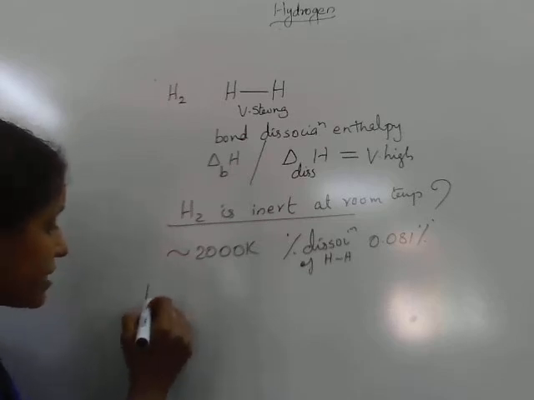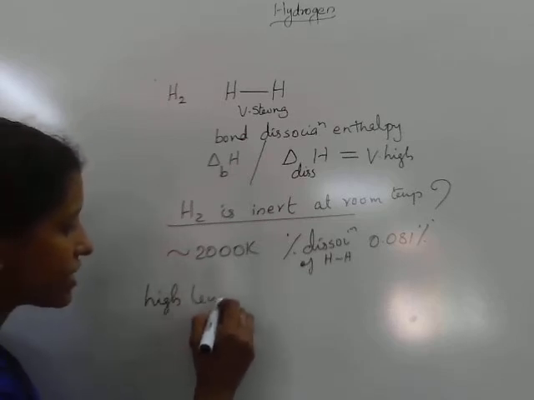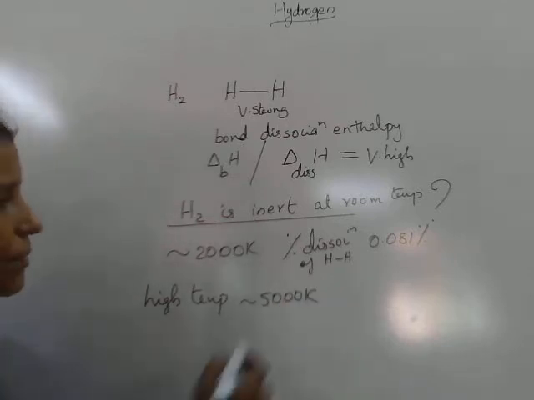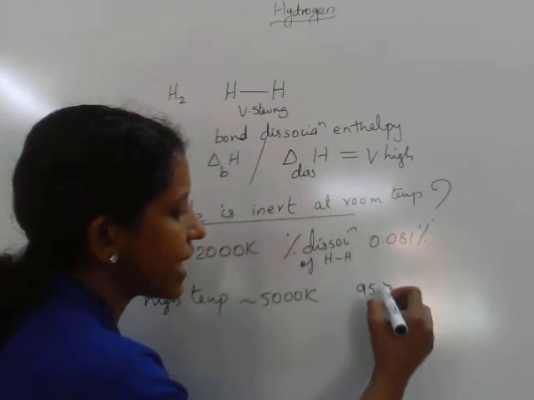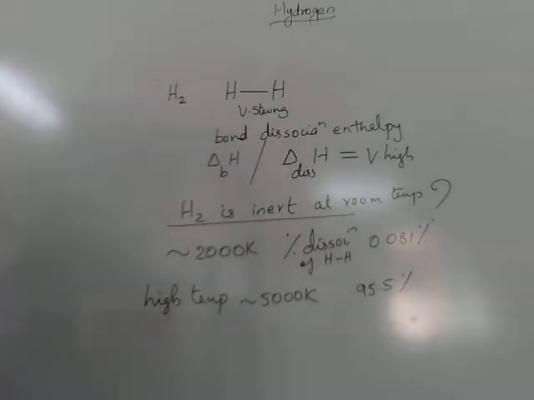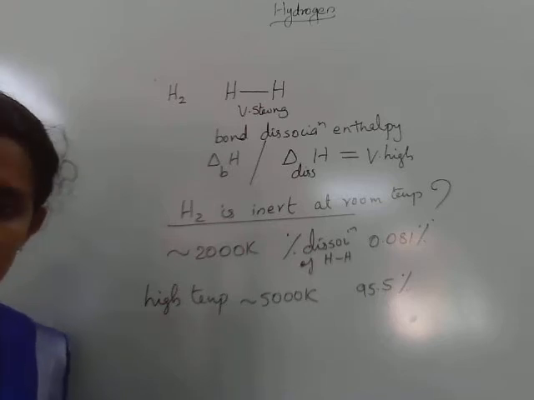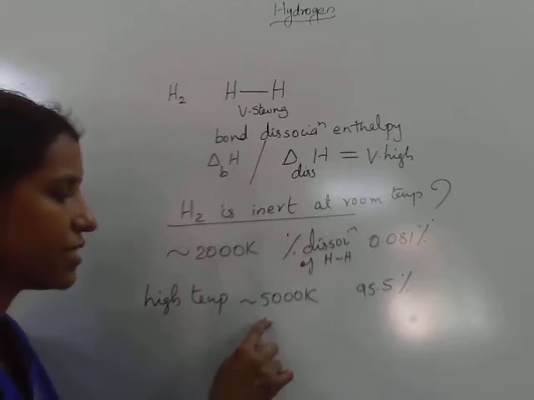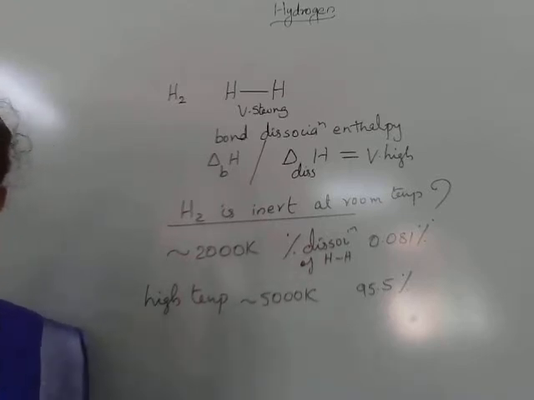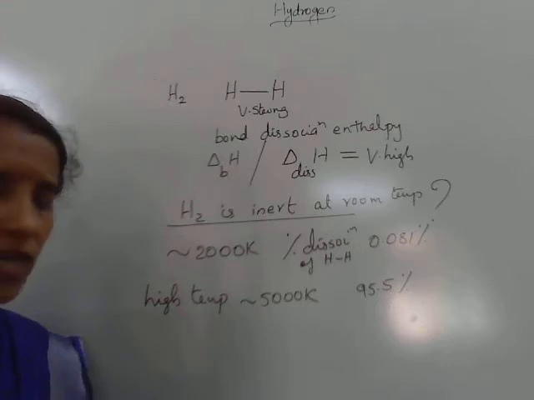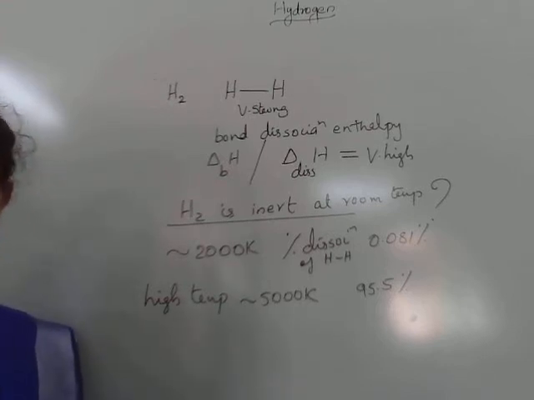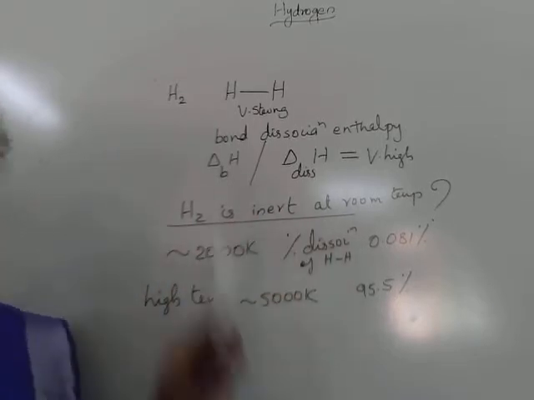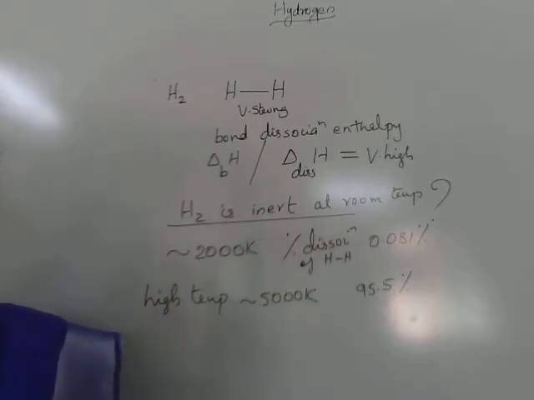But if you provide a high temperature of around 5000 Kelvin, the percentage dissociation of dihydrogen becomes 95.5%. That means the H-H bond breaks easily at around 5000 Kelvin. So dihydrogen can be made reactive by providing high temperature. At room temperature, it is inert, non-reactive.